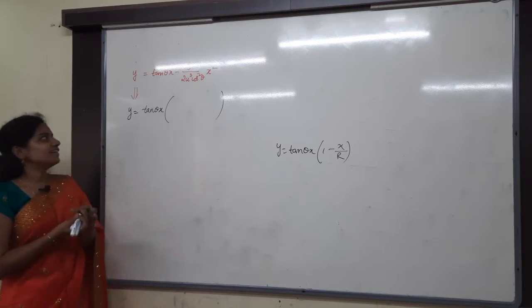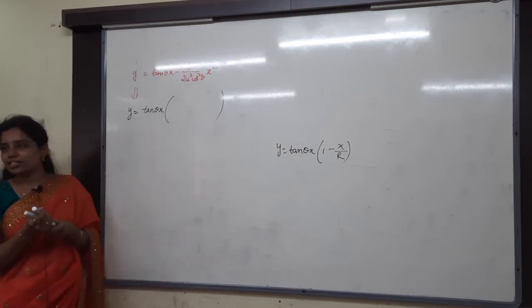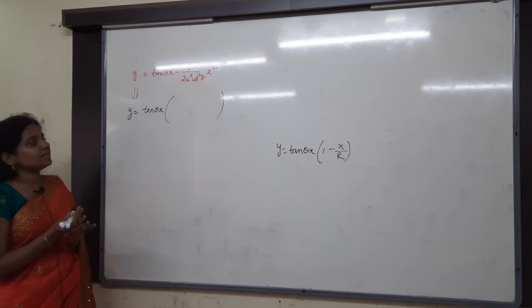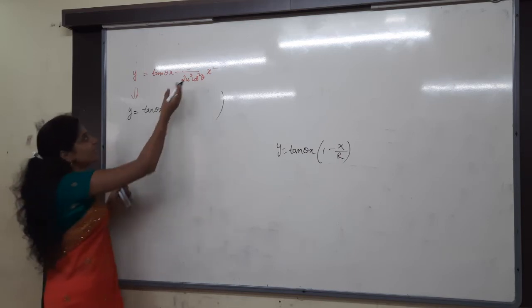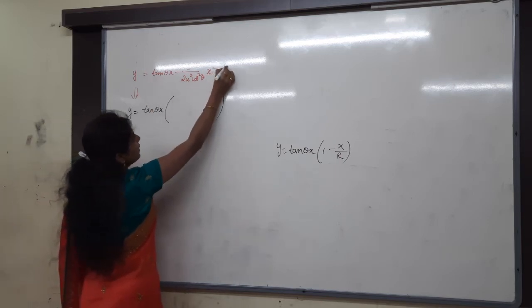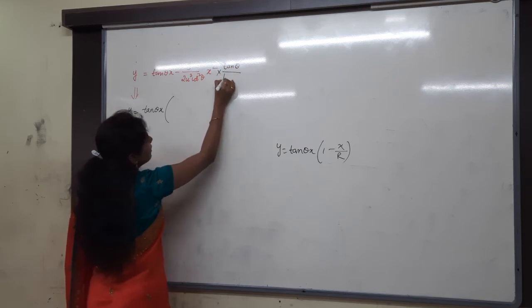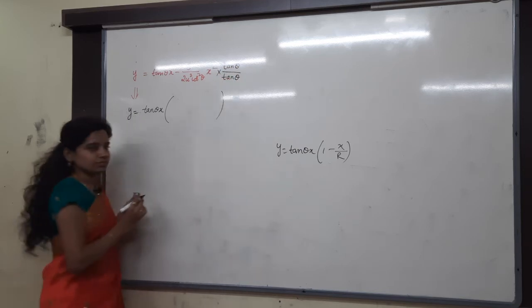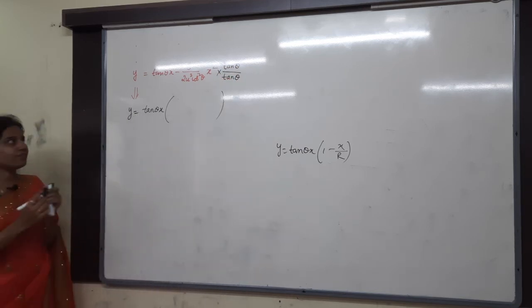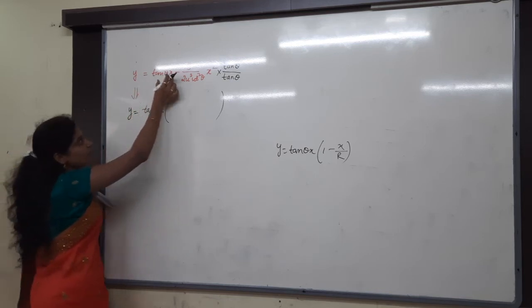So here I have taken tan theta into x outside. Then what will be there inside? I want to take tan theta x outside, so I have to multiply with tan theta and divide with tan theta. First of all you have to do that. Then tan theta is common, x is common.